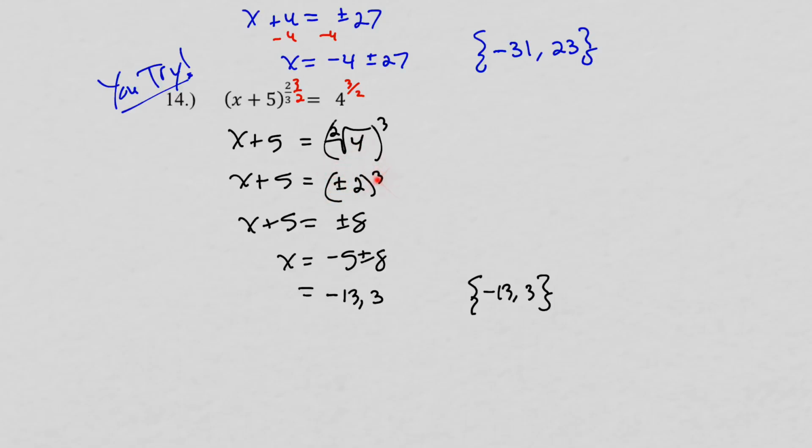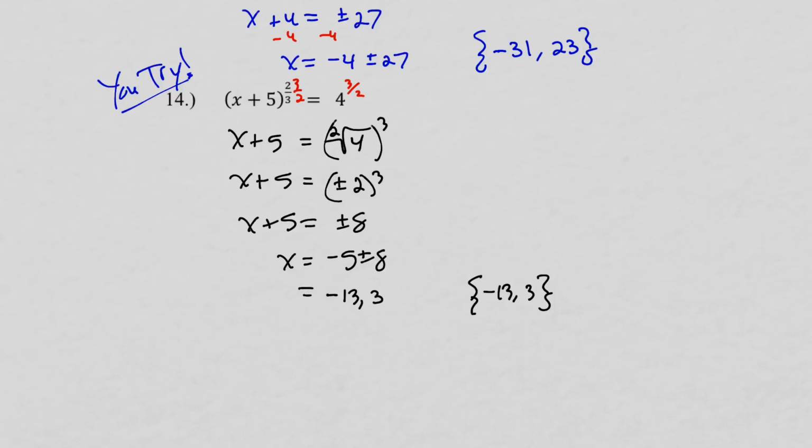We're going to cube each of those, which gets positive and negative 8. And then move the 5 over, and we get our two solutions here. All right, let me know if you have any questions through email or in class.